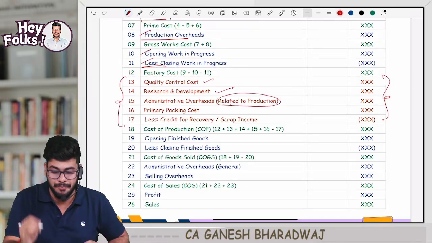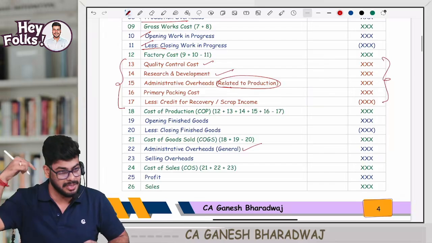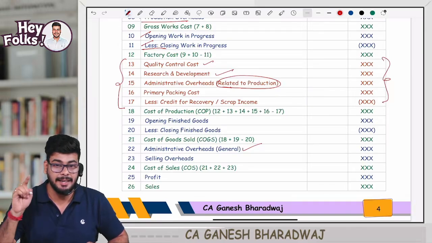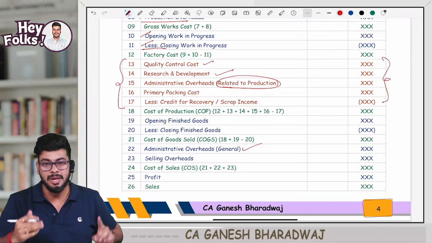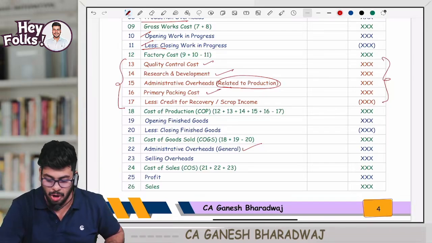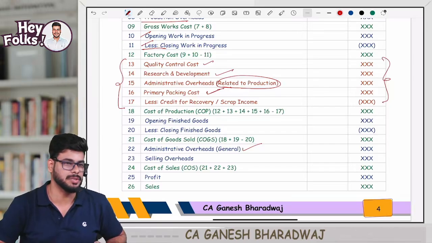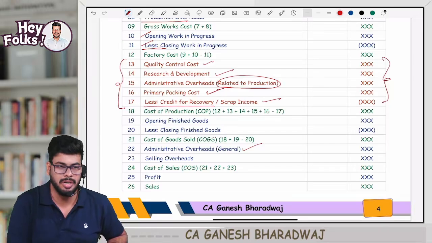Please do not confuse. This is not administration overheads, because look at this, administration overheads is there separately. This is admin overheads related to production. This is a separate line item. I will walk you through every single one of these. Do not worry. Then you have primary packing cost, less credit for recoveries or scrap income. This they call the cost of production.